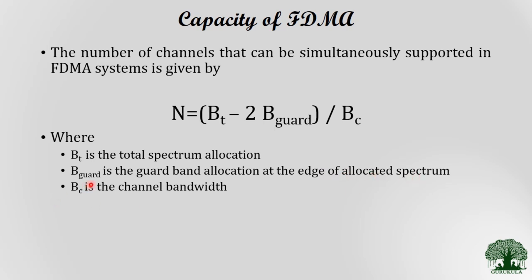So Bguard is nothing but the total amount of frequency that is left for allocating the guard bands, and Bc is the channel bandwidth. Substituting these values will tell us the maximum number of channels that can be created using the frequency division multiple access technique.